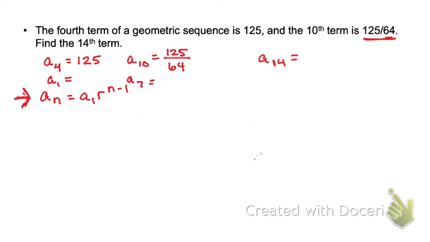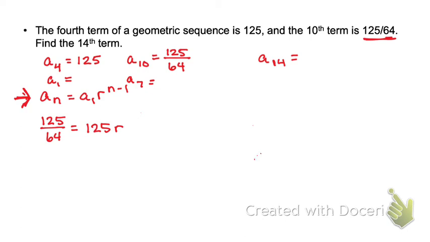So your a sub n is your a sub 7, which is 125 over 64. Your a sub 1 is 125. We don't know r, do we? No. Well, that's the 125 over 64 is the a sub n.